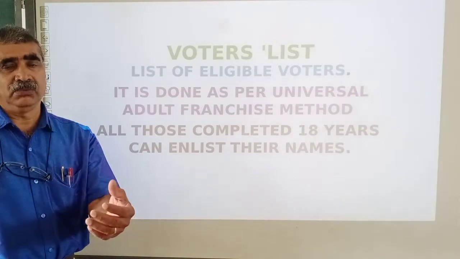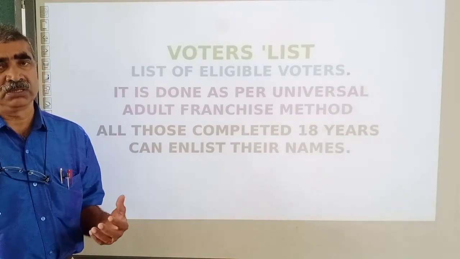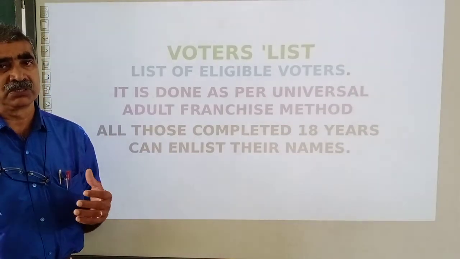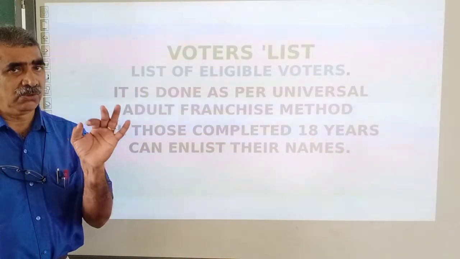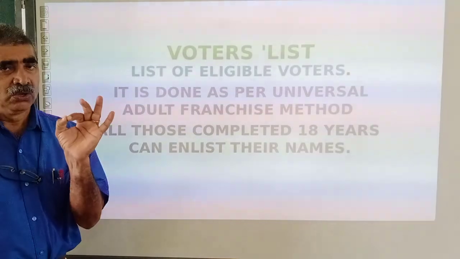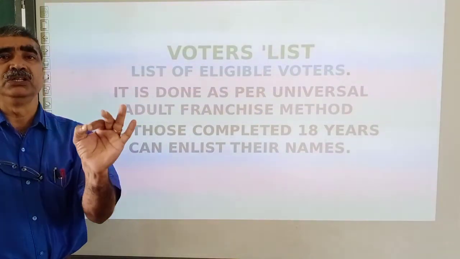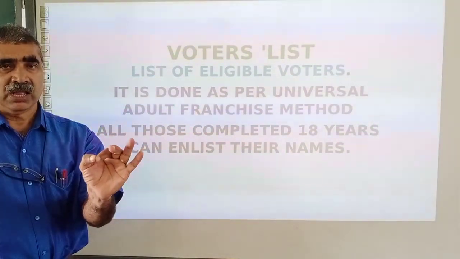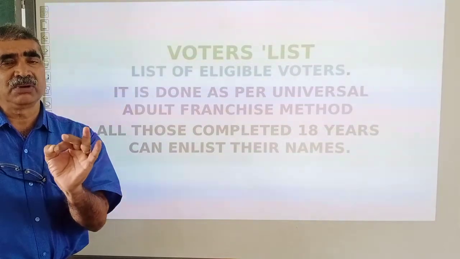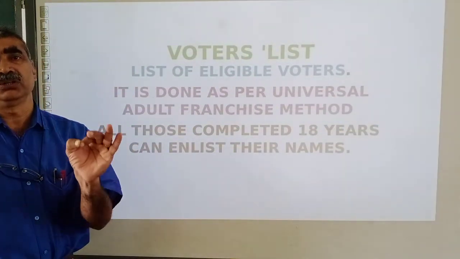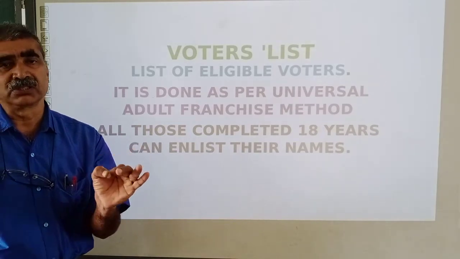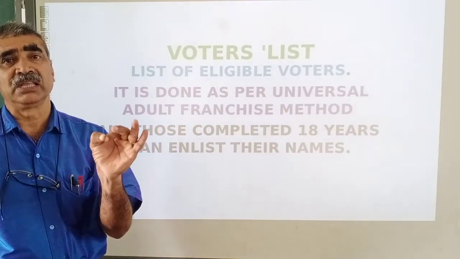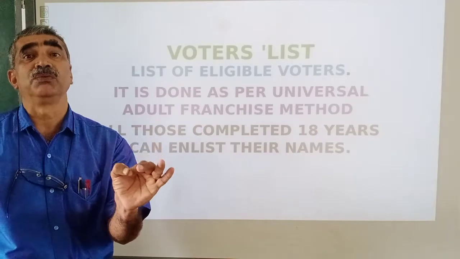If I am only 16 years old and I want to register my name, the Election Commission will say, no chance. So all those citizens who are above 18 years of age and not barred by the Election Commission can register their names. Every citizen of India can register their names with the Election Commission of India.